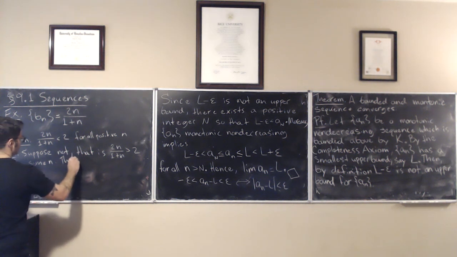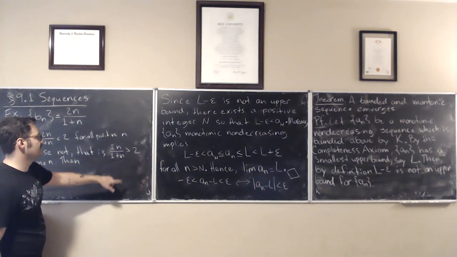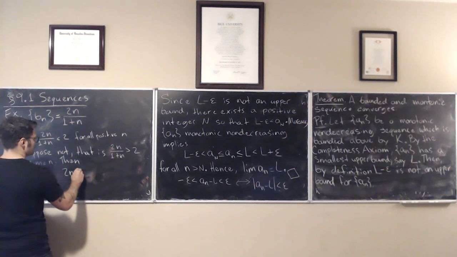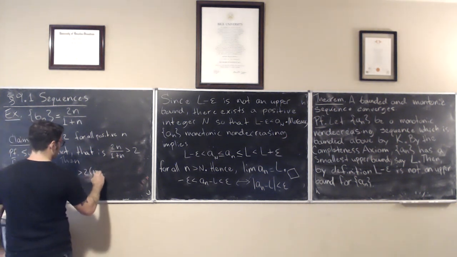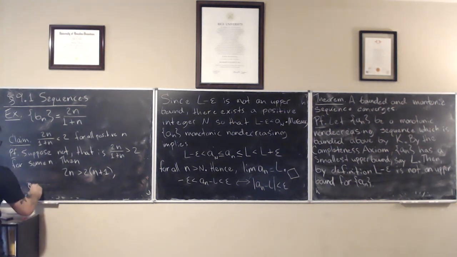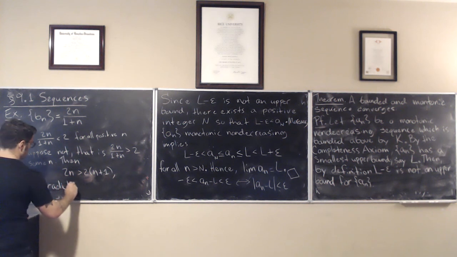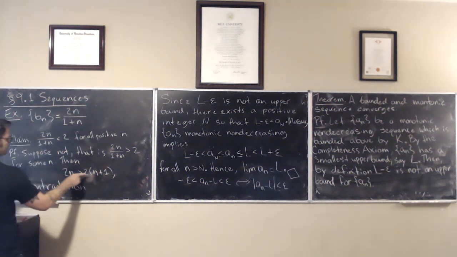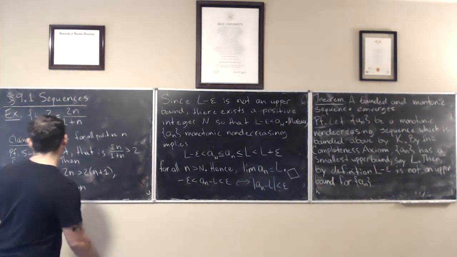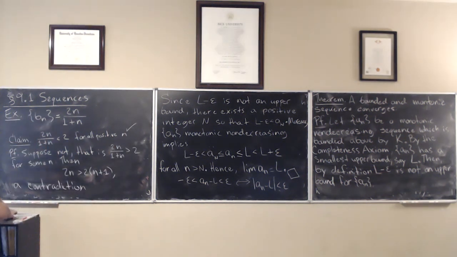But then if we multiply both sides by 1 plus n, which is a positive number, it doesn't change anything, and we get that 2n is greater than 2 times n plus 1. A contradiction. That can't happen, because the inequality is in the wrong direction. So this thing is bounded above.